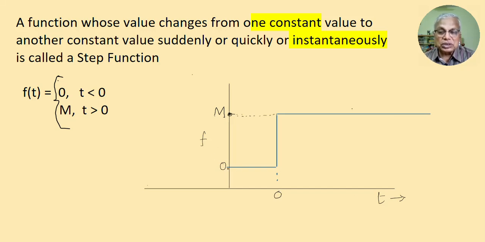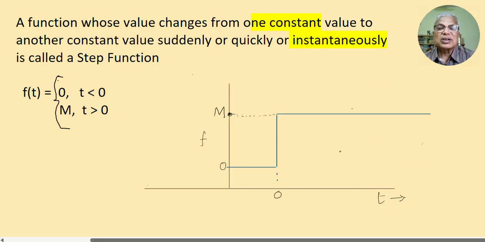Up to t equal to 0, the value of the function is 0. Then at t equal to 0, at this point, it suddenly changes from 0 to m, suddenly or instantaneously or quickly.